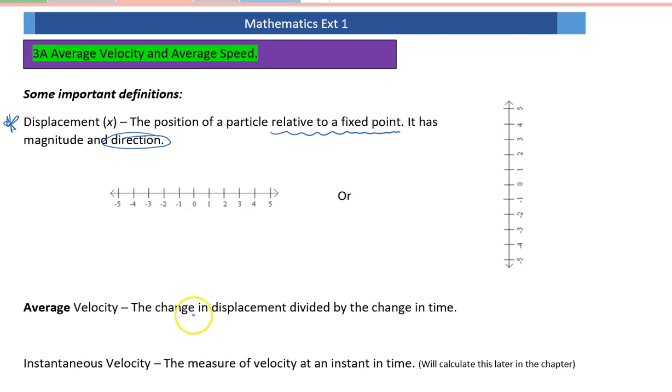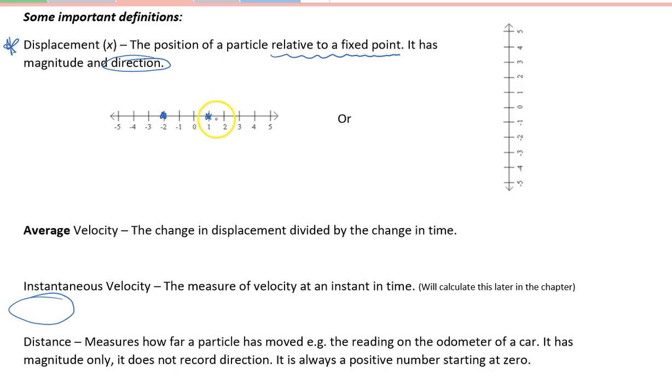So, if our displacement started at 1 and we finished at -2, then the change in displacement is a change of -3. A quick tip for getting the change in displacement is to take where you finish minus where you started. So from -2 minus where we started, which was at +1, gives us -3.